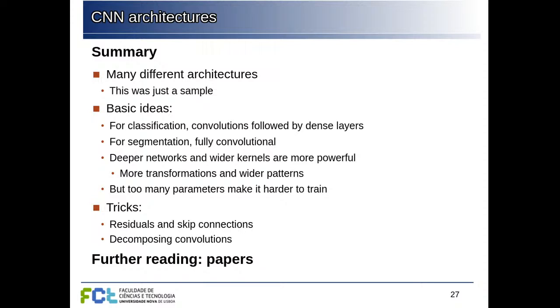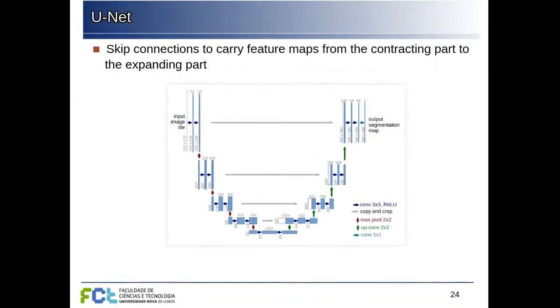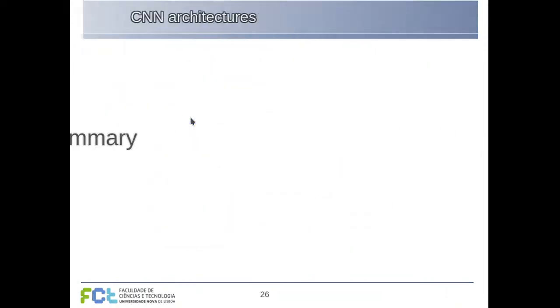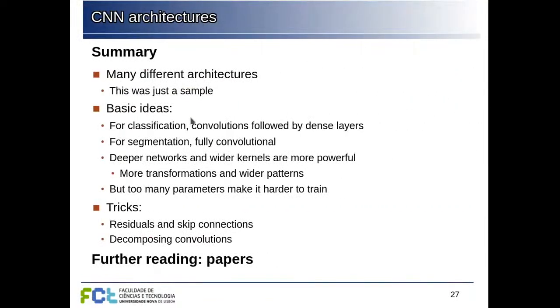And so we can use these different techniques to try to minimize the number of parameters, to try to maximize the flow of information along the network, and so on. So look, in this case of UNet, we have these skip connections here that are giving each of these parts of the network information not only on all the transformations that were done previously, but also skipping right to the initial steps there. So these kinds of techniques can help train the networks.